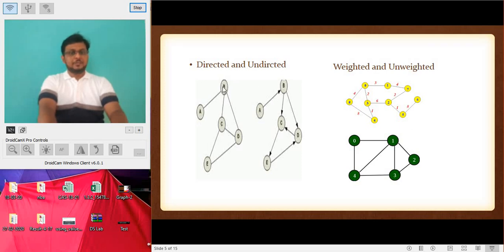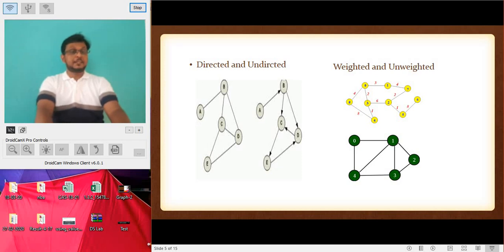But here we haven't given any direction. The graphs where the edges are not represented by any direction are called undirected graphs, and the graphs where the edges are given with a direction are called directed graphs. So edge AB, in an undirected graph, its flow is from A to B or B to A. But here it is only one direction, only A to B. That is the difference between a directed graph and an undirected graph.